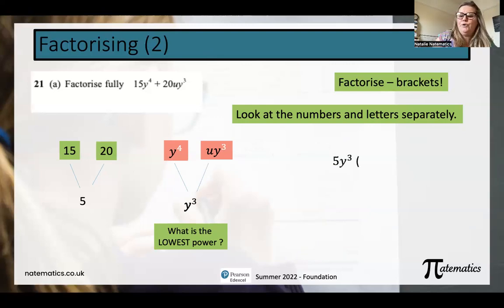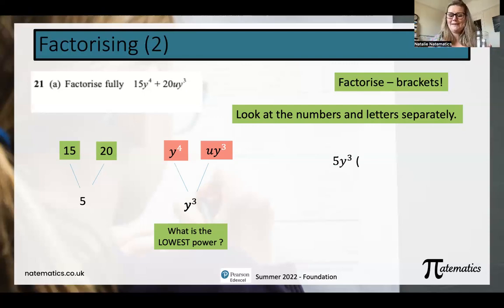And then we've got U's, haven't we? But then there's no U in both of those terms, so there's no common factor with a U in it. So U is not common. So we've got our common ones here. 5 is a common factor there. Y to the power 3 is a common factor here. That goes outside our bracket.